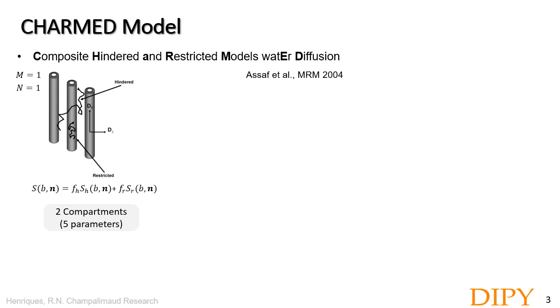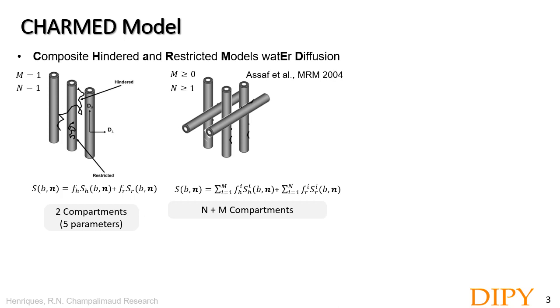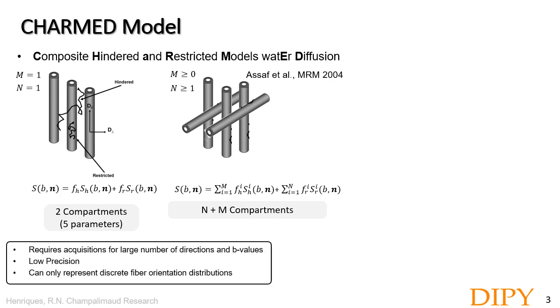Particularly, one restricted and one hindered compartment were used to model well-aligned structures. For crossing structures, you can add more compartments with, however, the expense of requiring the acquisition of a large number of directions and b-values. A limitation of this model is that it can only represent structures with components along discrete directions, so this can be inefficient to model tissue dispersion.